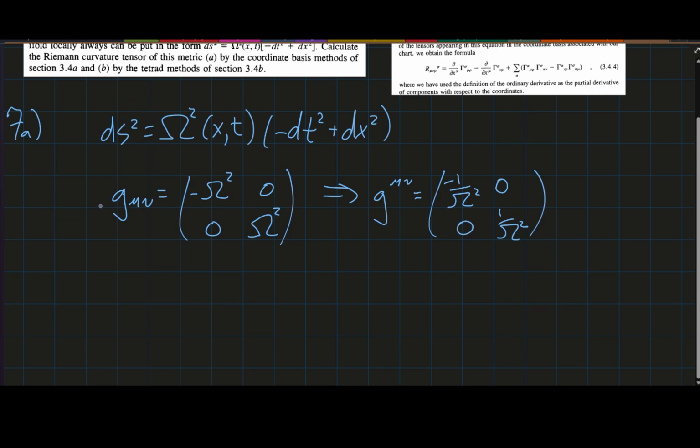Okay, so we're in 2D clearly, which we can see by our line element and metric, and it's also stated in the problem. So in 2D, by problem 3 - hopefully you guys have done problem 3 from this chapter - if you have, you'll know there's only one independent component in 2 dimensions.